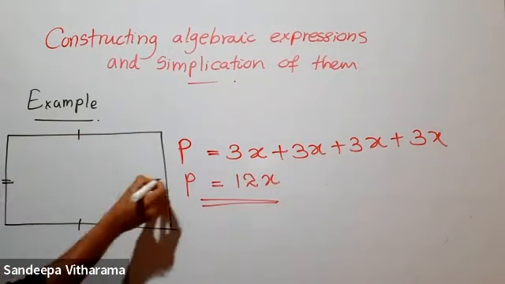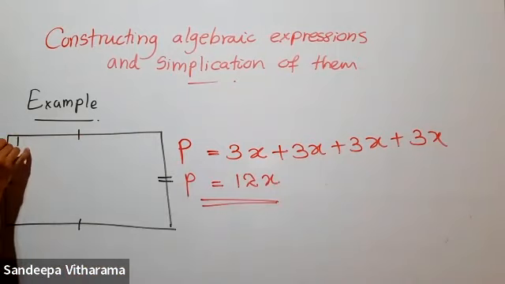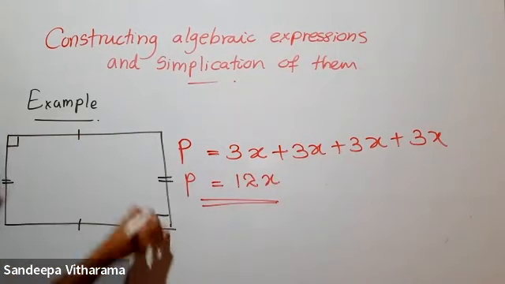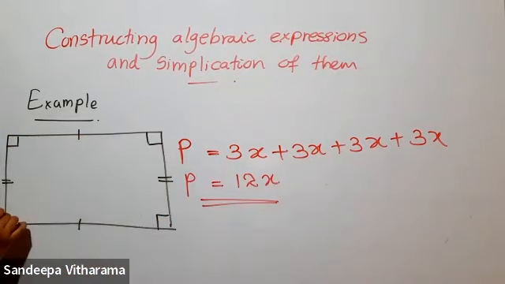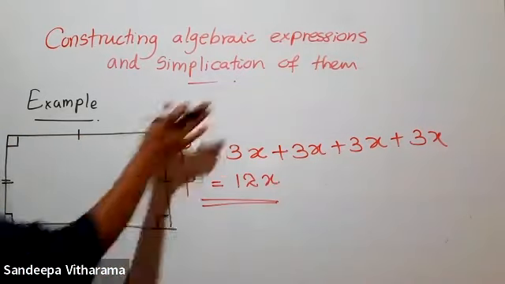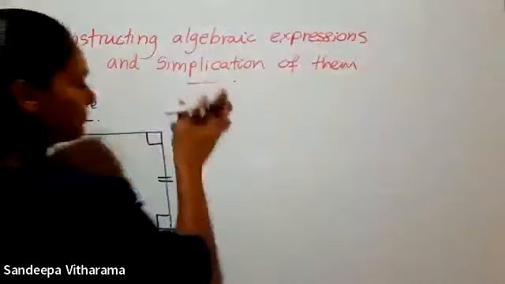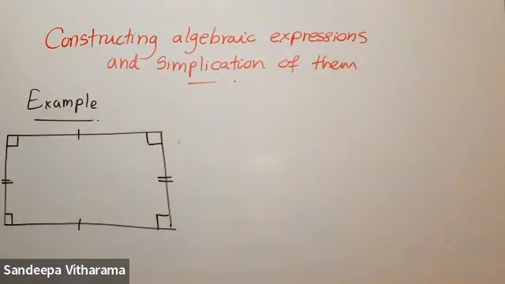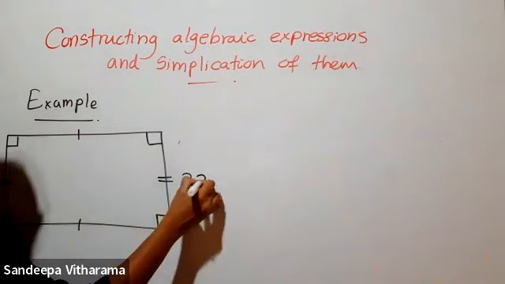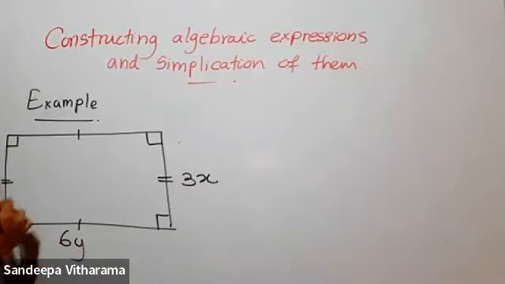Can you tell me? A rectangle. Yes, it is a rectangle. It is given that this is 3x and this is 6y.